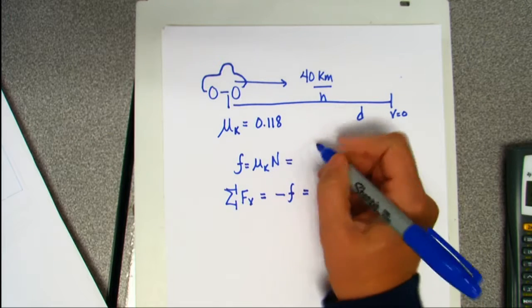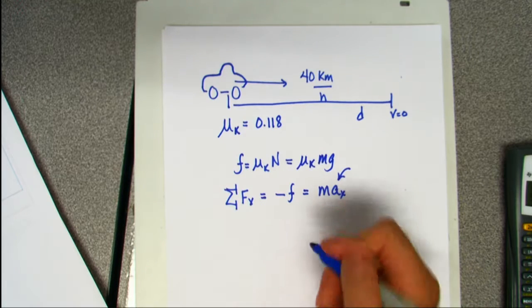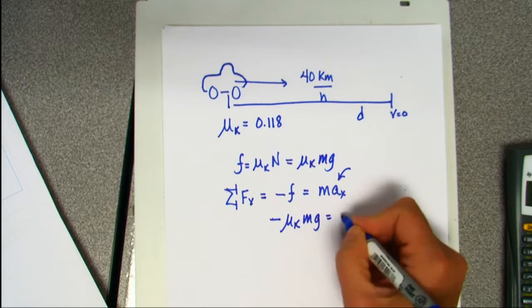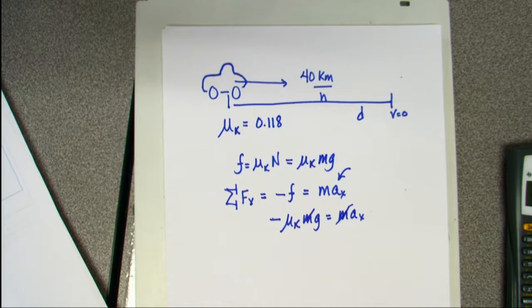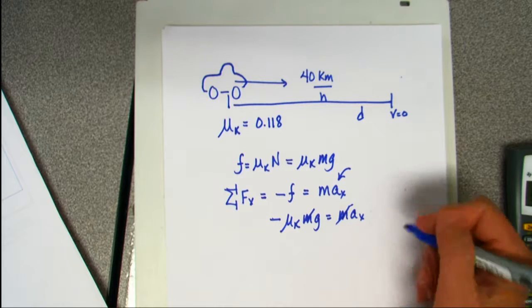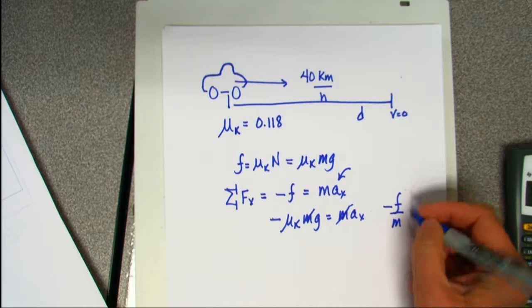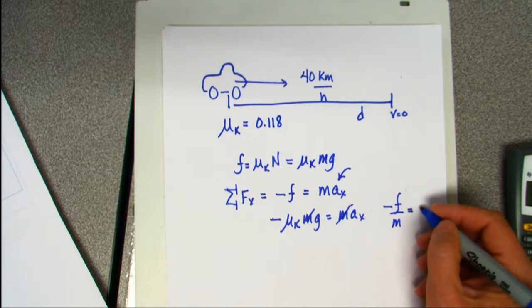Carrying this out, mu k is equal to the friction over mg for my normal force, so I get minus mu k mg is equal to m a_x. My masses cancel, so a_x is equal to minus mu k g.